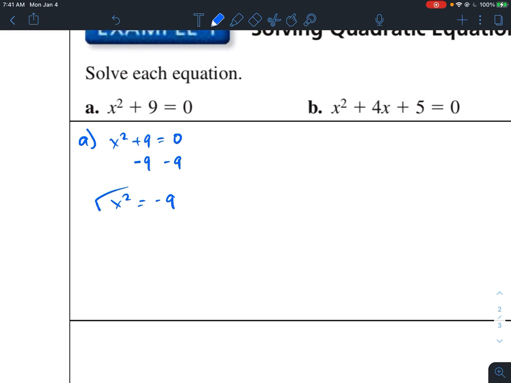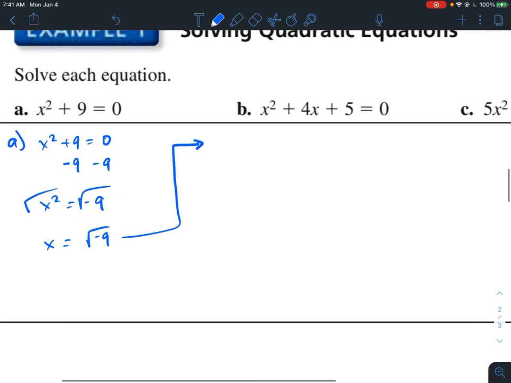Take the square root. So then x is equal to plus or minus the square root of negative 9. Now let's split this up to be the square root of negative 1 times the square root of 9.